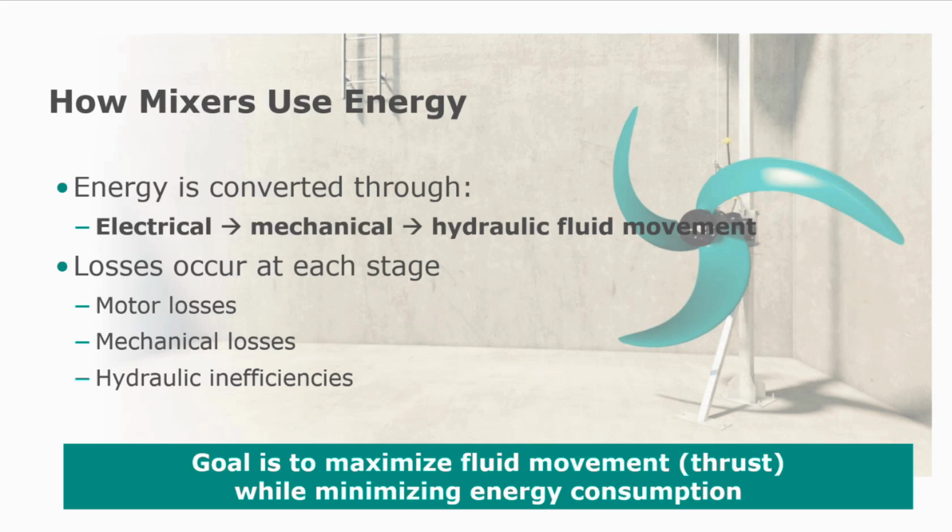High thrust, low speed mixing is often more effective and efficient than high speed operation because it moves large volumes of fluid with reduced turbulence at a lower power demand. Our goal again here is to maximize fluid movement thrust while minimizing energy consumption.